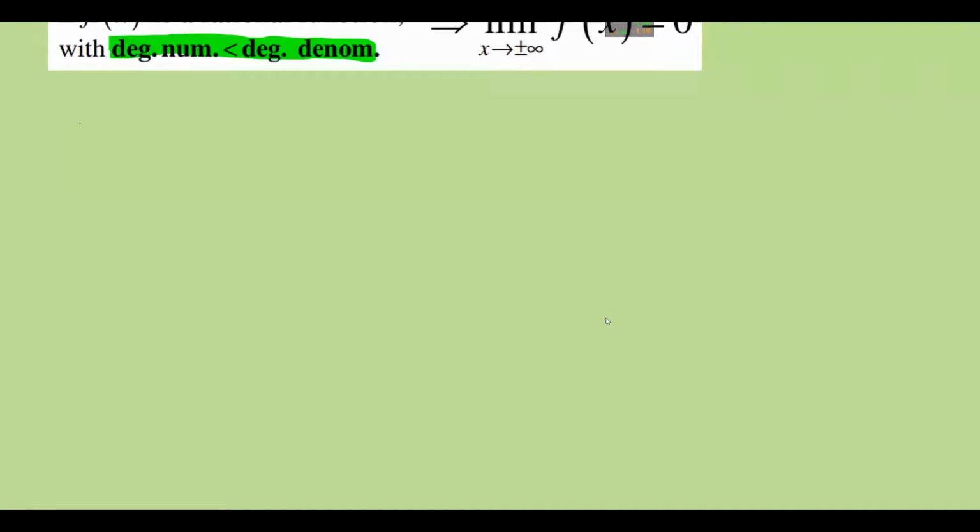All right, and that leaves us with one last type of rational function. What about when the numerator has higher degree than the denominator? Like this. The degree of the numerator is 3 and the degree of the denominator is 2.